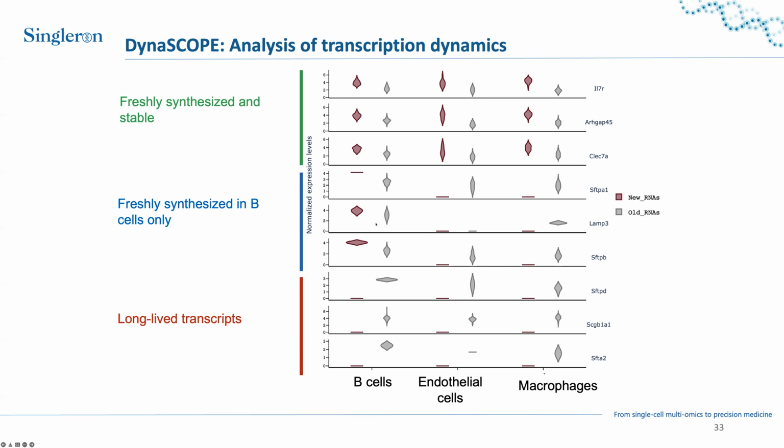For the B cells, you can conclude that these genes are freshly synthesized actually only in B cells. And for the last three genes, you can see they are only long-lived transcripts and no fresh synthesis.